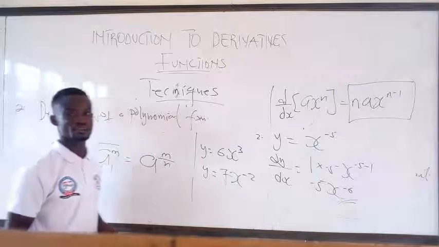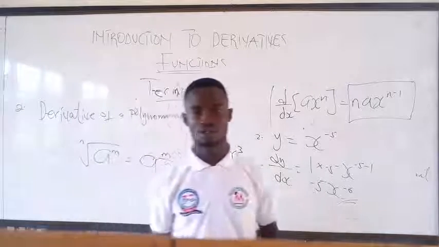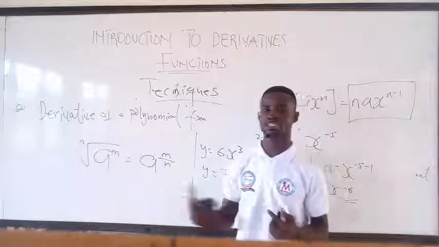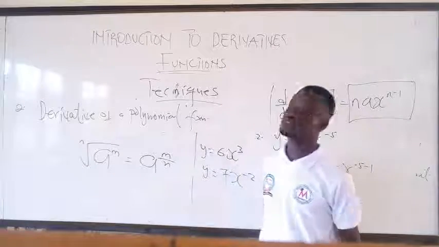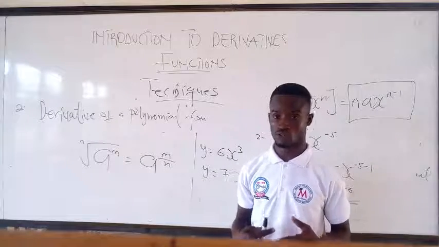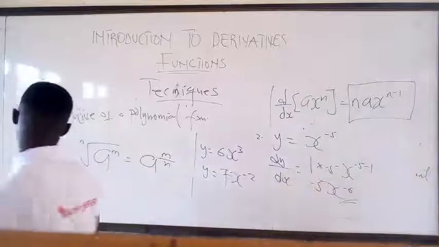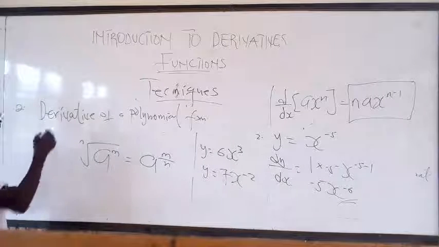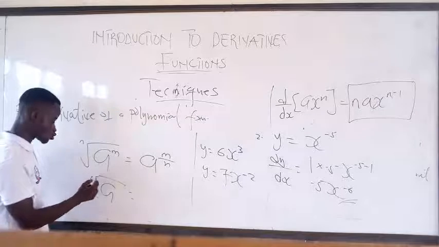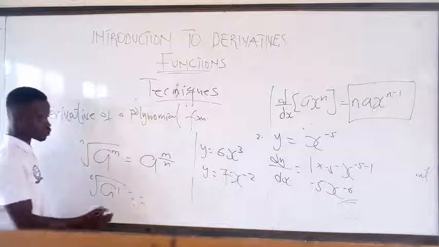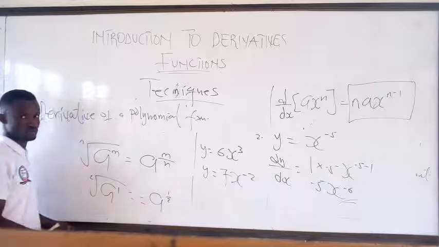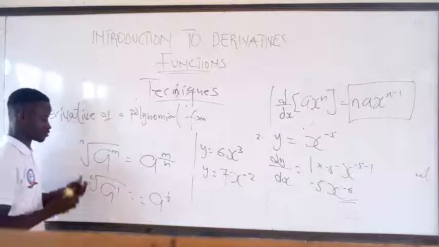We are going to use this idea to assist us in finding the derivative of the function. So don't forget this. And you know that anytime you have a square root without anything here, it's the same as 2. So this one will be 1 over 2.